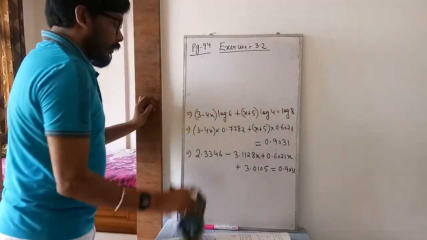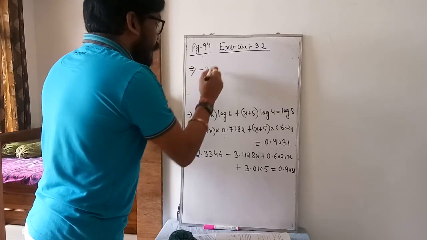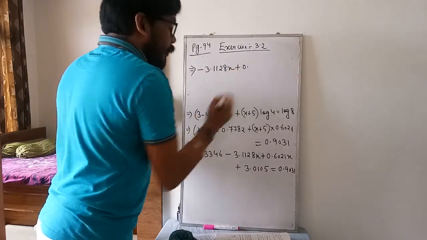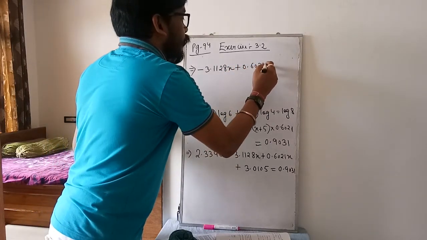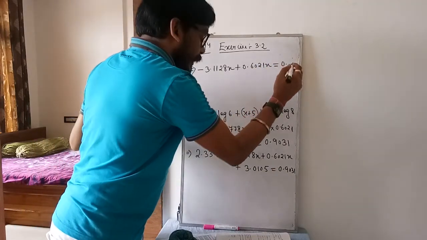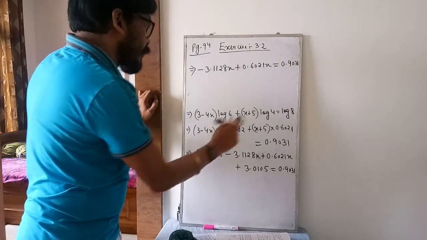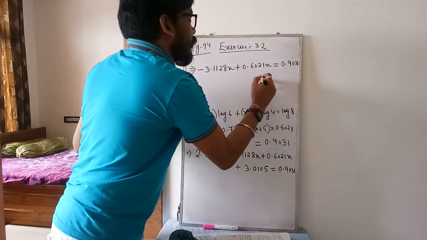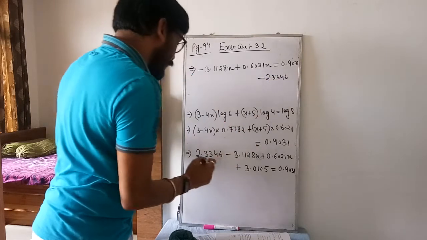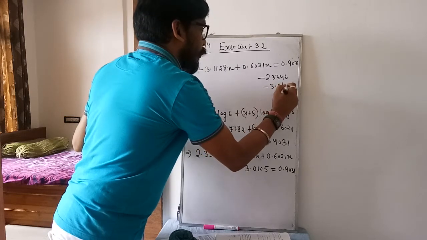So let me keep the x term on one side: minus 3.1128x plus 0.6021x equal to 0.9031 plus 2.3346 minus 3.0105.